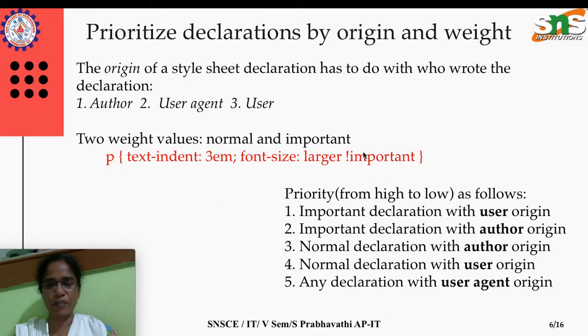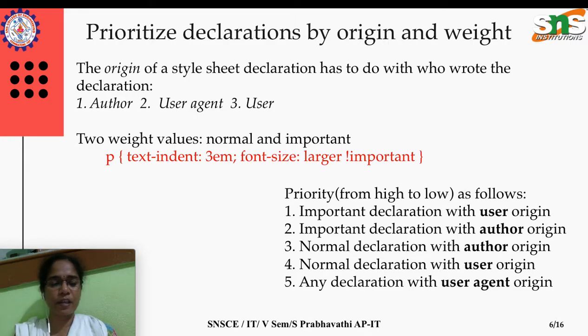This slide will make clear what those things are. The origin of the style sheet declaration is about who wrote the declaration, from whom the style sheet is generating. For example, the browser will define a default style sheet.